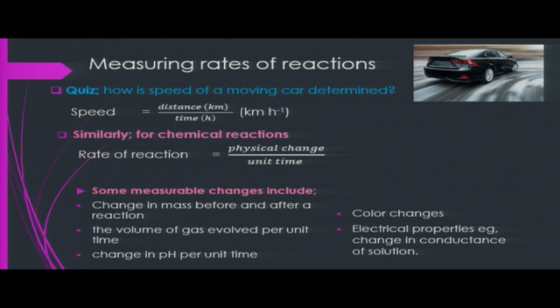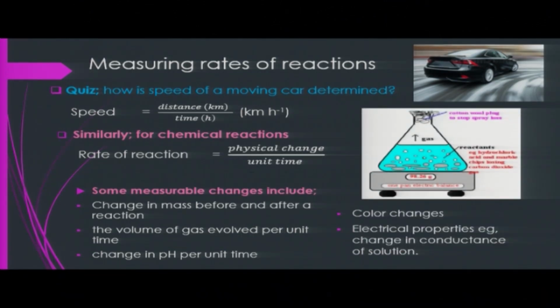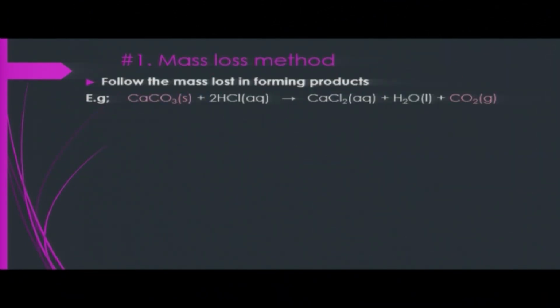Now, let's take a few examples and look at how, for instance, mass can be used in determining the rate of a reaction. Mass loss method. We are going to use the example of calcium carbonate reacting with hydrochloric acid giving carbon dioxide gas.